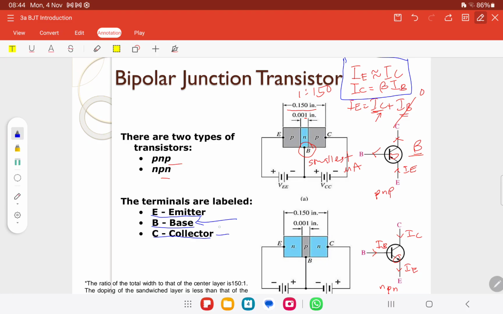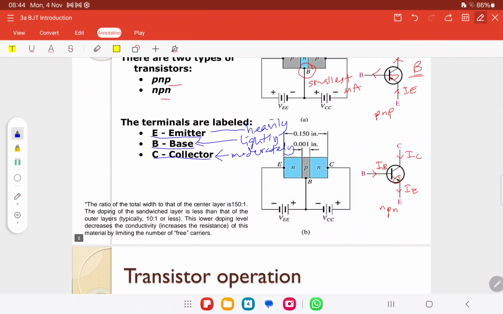Okay, collector is moderately doped. This one heavily doped, this one lightly doped, this one moderately doped, for the collector. Okay, this is the explanation of the ratio earlier. Ratio of the total width to the center layer is 150 to 1.